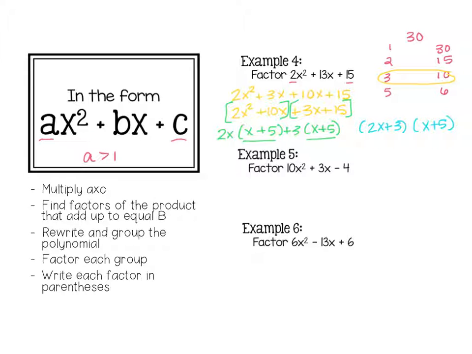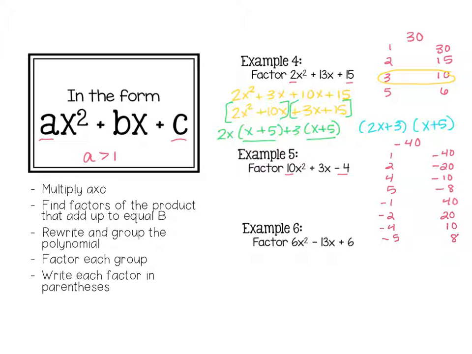All right, looking at example 5, I'm going to multiply a by c, and that gives me negative 40. So when I look at my terms, I have 1 and negative 40, 2 and negative 20, 4 and negative 10, 5 and negative 8, or I can flip them around: negative 1 and 40, negative 2 and 20, negative 4 and 10, or negative 5 and 8.